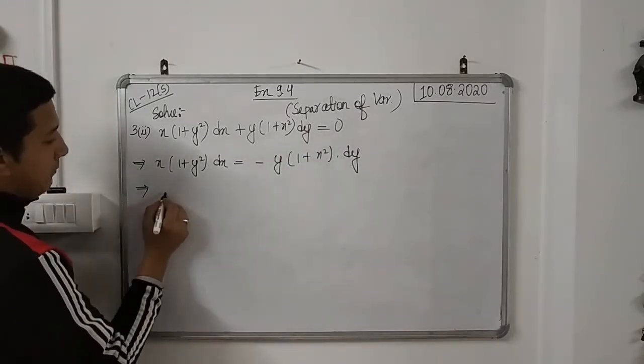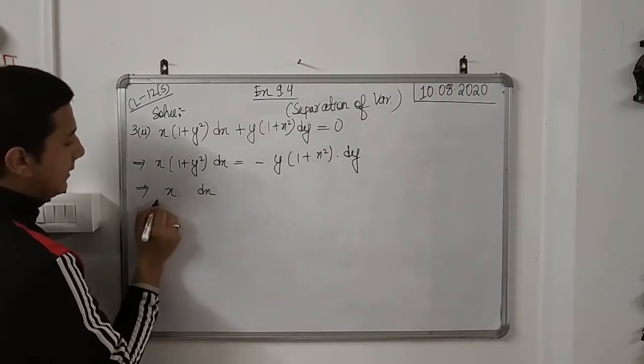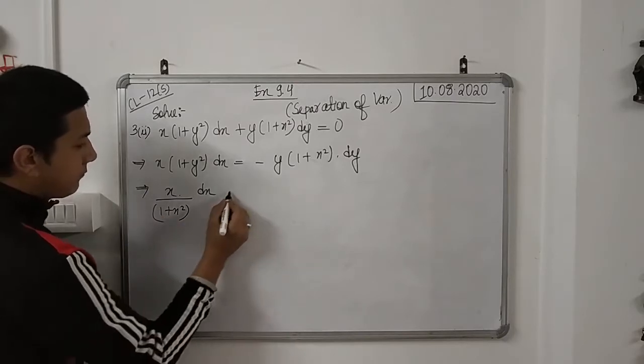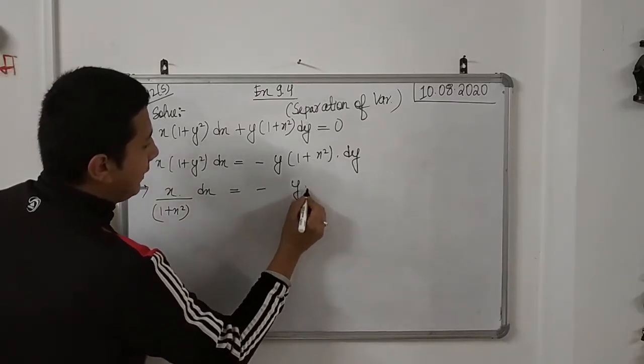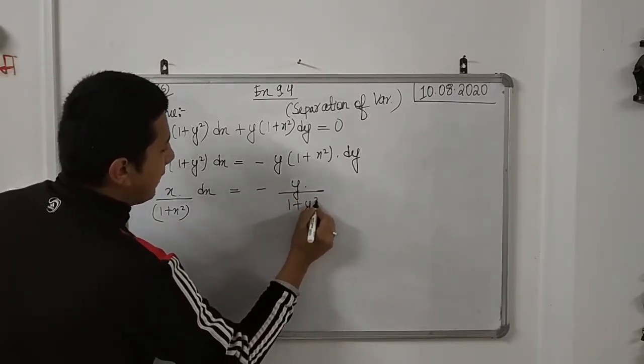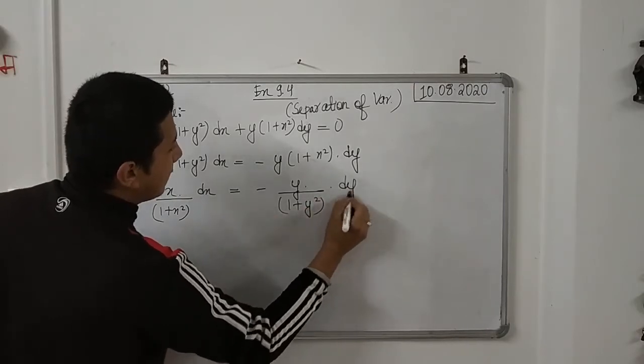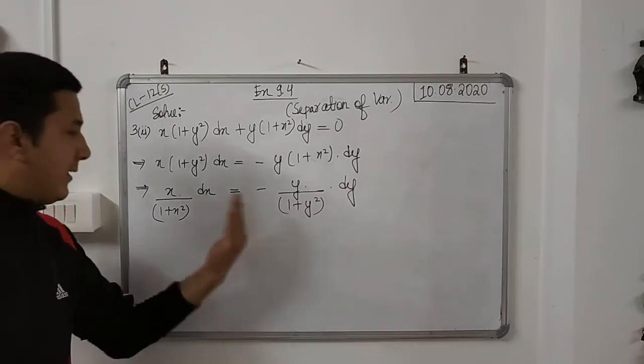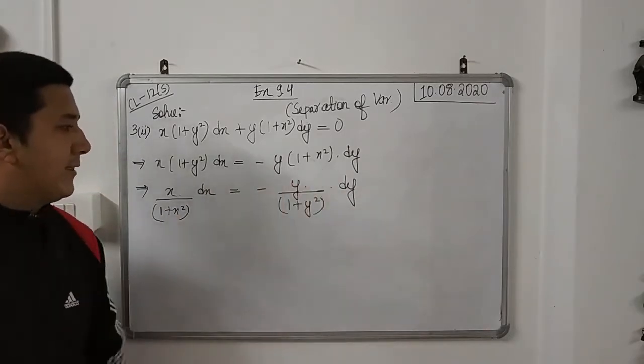Therefore x dx divided by 1 plus x squared is minus y dy divided by 1 plus y squared. Now if you see, the variables have been separated. x is on the left hand side, y is on the right hand side.